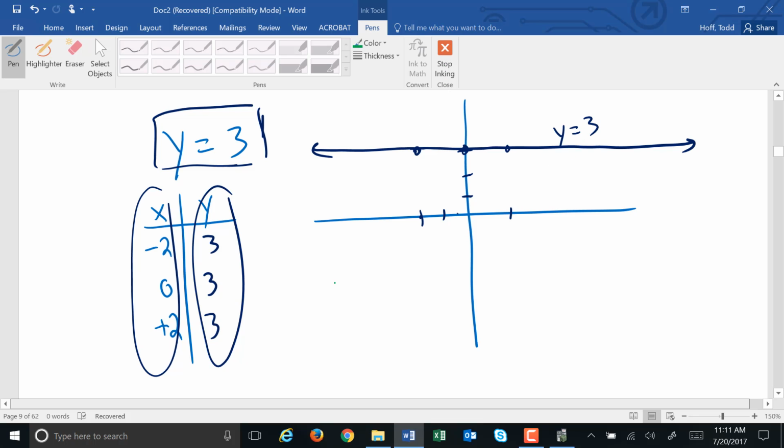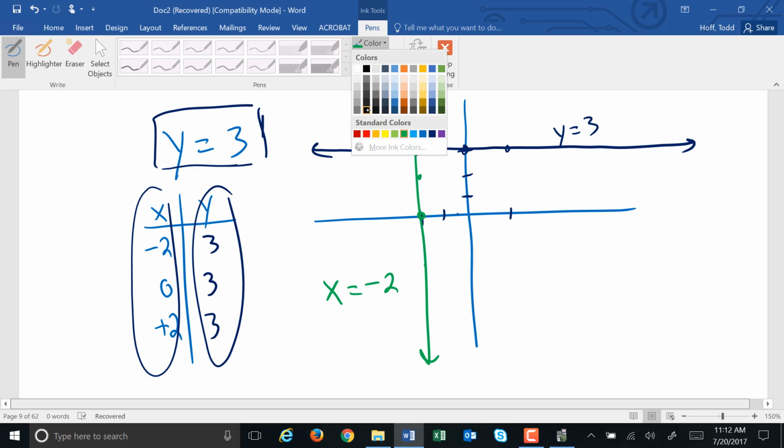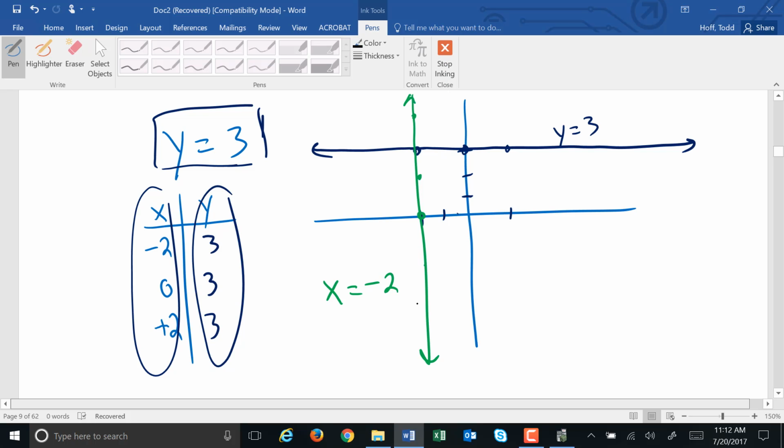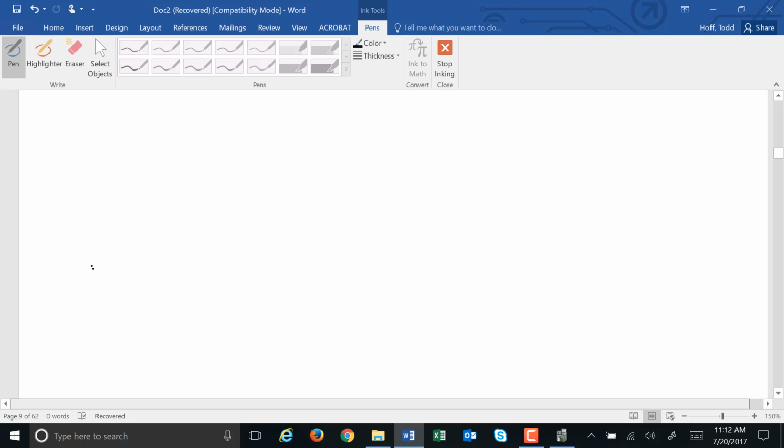The counterpart of that is what if I have x equals -2? Does it matter what y is? No, x equals -2 is right there, or there, or there, or down here. x equals -2 is a vertical line at -2. So pop quiz.